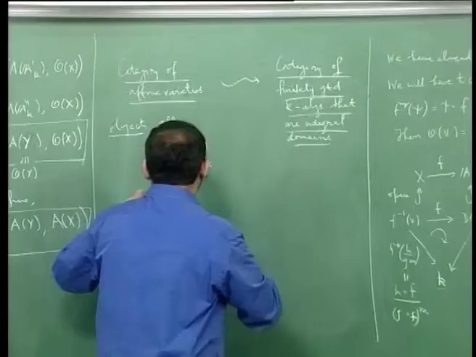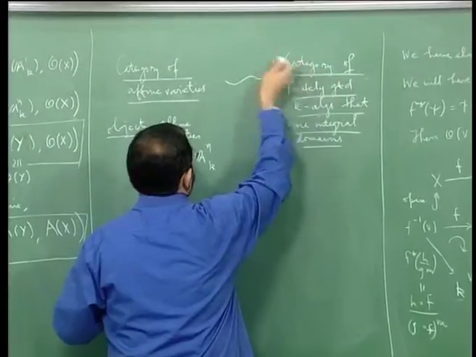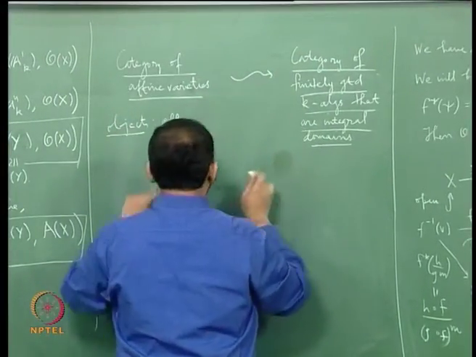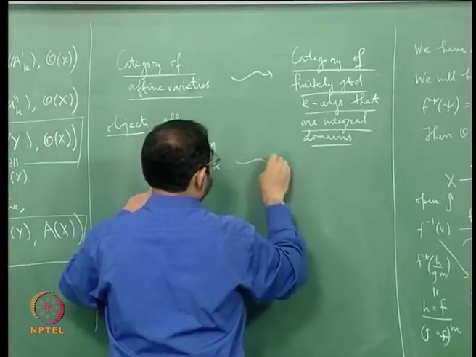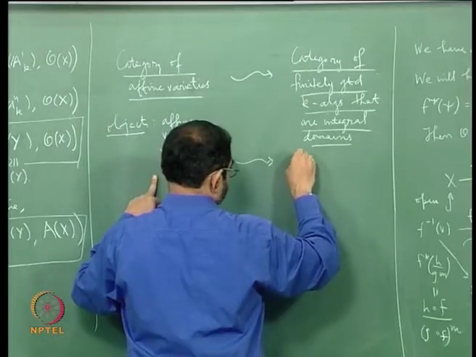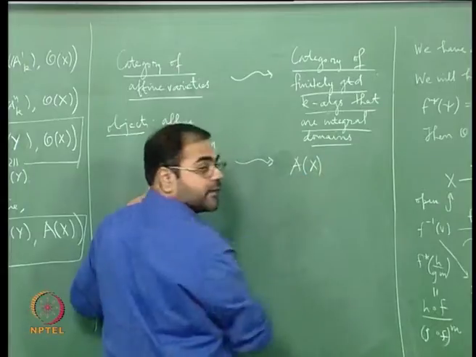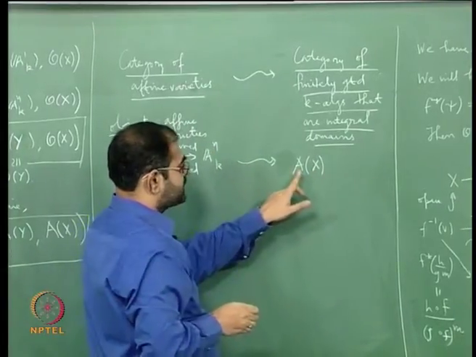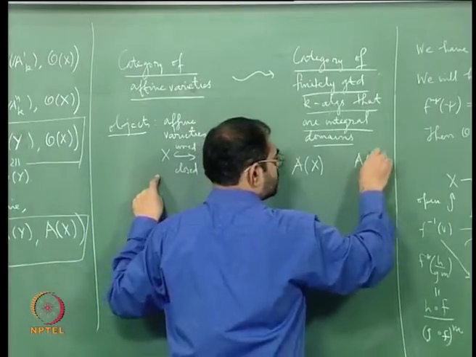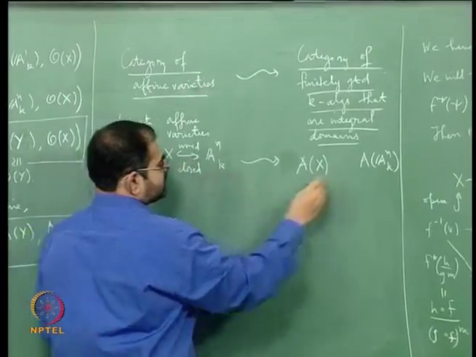Okay, and I have this functor that takes objects to objects here. What it does is that if you give me an X, it takes this X to A of X, and it takes A^n to A of A^n, and it takes this closed immersion to a quotient.